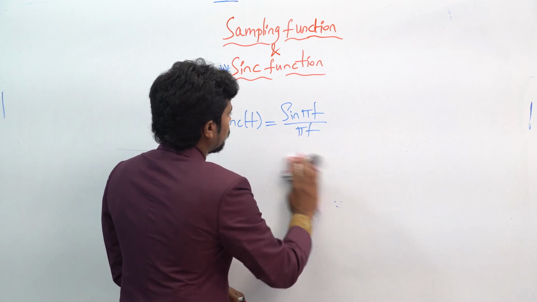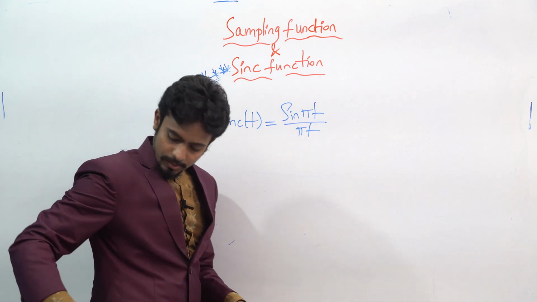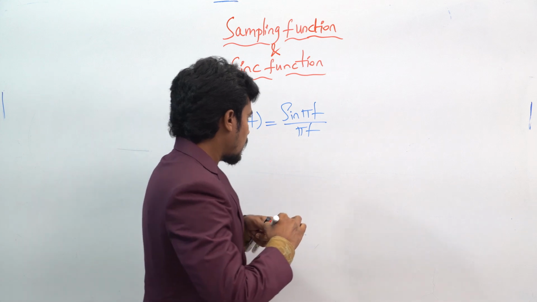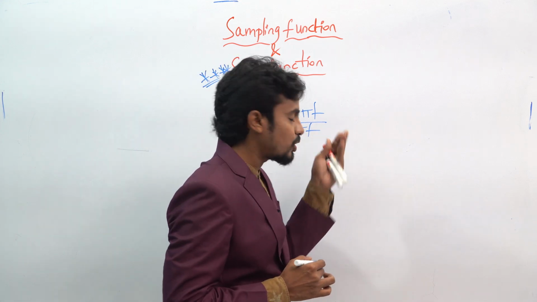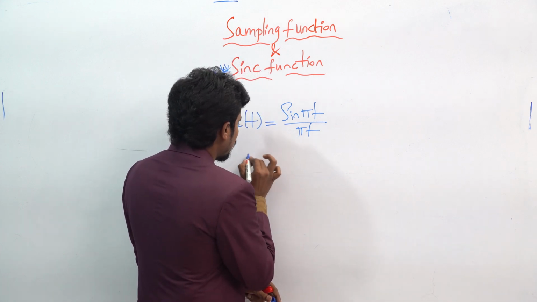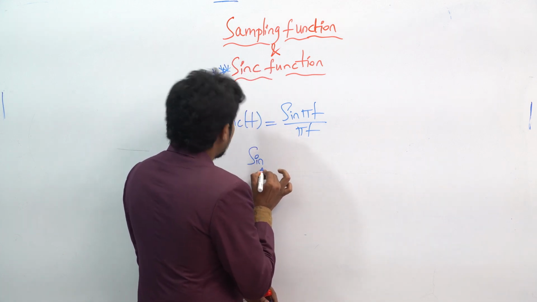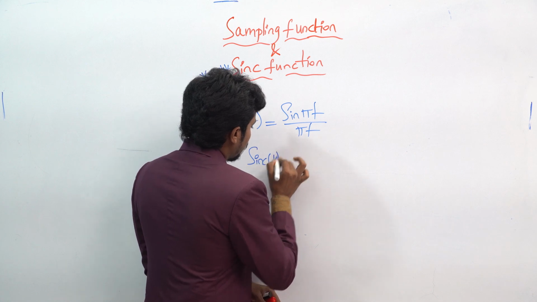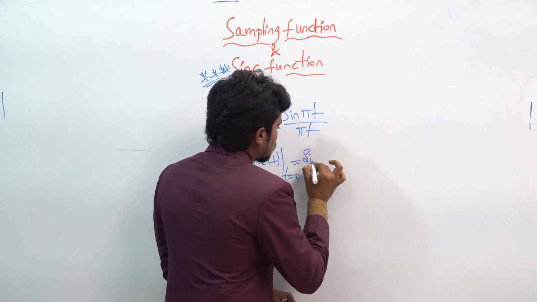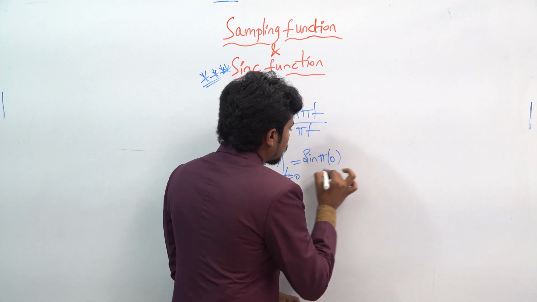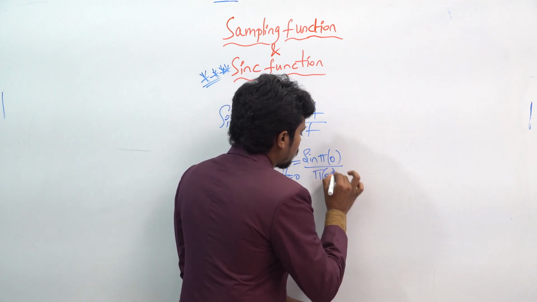If you want to write a mathematical representation for this, what do you get if you put t equal to 0? For example, take sinc of t and put t equal to 0. That will be sin pi of 0 divided by pi of 0.